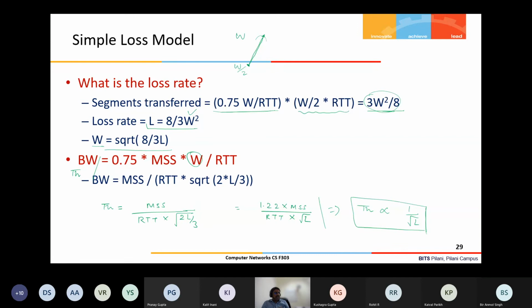Suppose somebody designs a new protocol, and you want its characteristics to match the TCP, so that we get the same behavior with that protocol also.